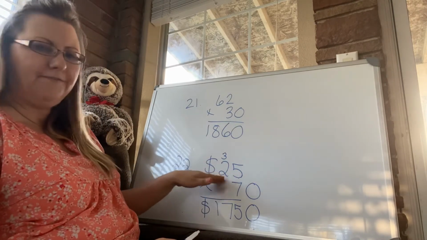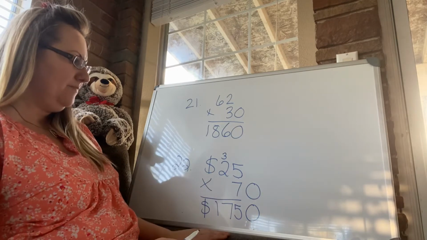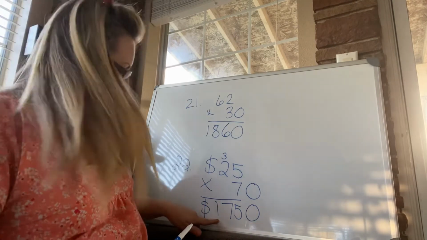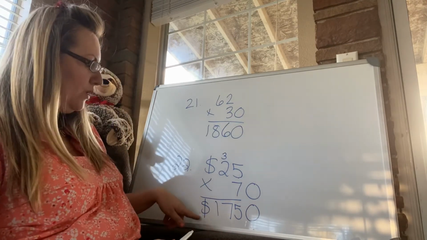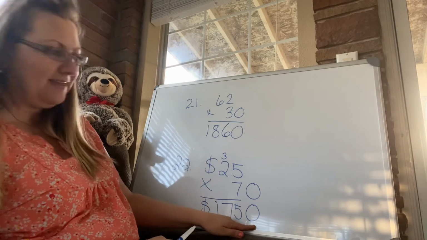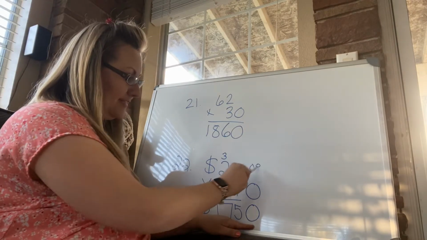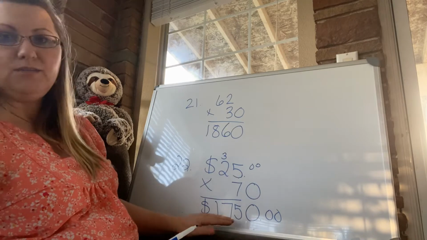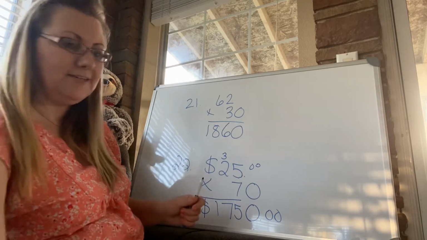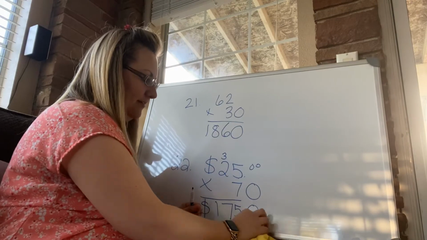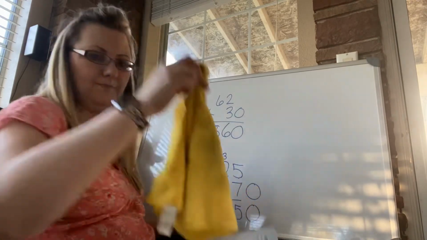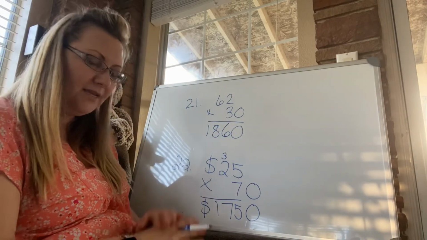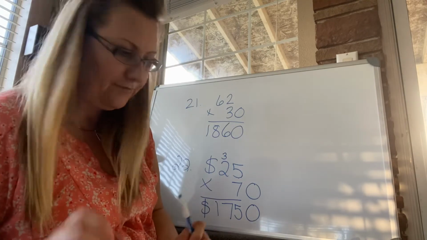So $25 times 70 is going to be almost $2,000. So $1,750. And if you were to think about the cents, wouldn't the cents also be 2 decimal places back here? It's $1,750. But we do not need the extra stuff there. We don't need the cents. So that's number 22. All right, so on to number 23, a division problem.